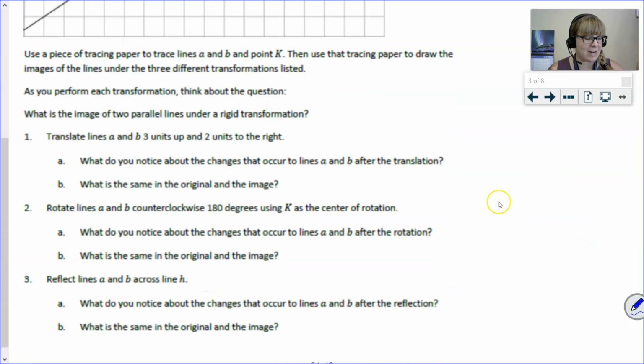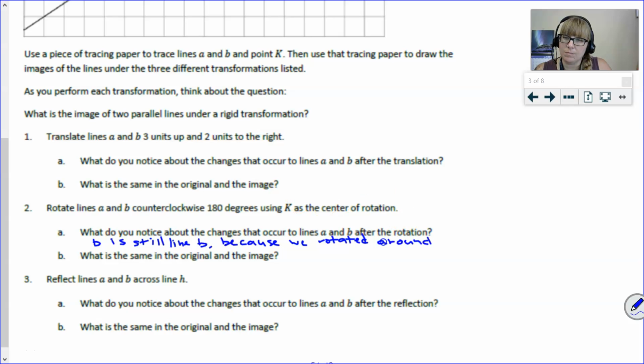So again, let's write down some of the things that we're observing, what's the same and what's different. What I noticed is that B is still line B, and it's still line B because we rotated around K, which was on B. So that is important to note.